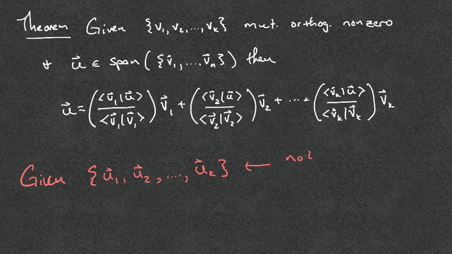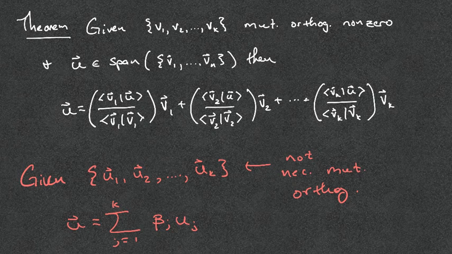And so the question is now, if we're just given any old set of vectors, which are not necessarily mutually orthogonal, then what does the representation look like? For u being the sum of some beta sub j's times our vectors u sub j.